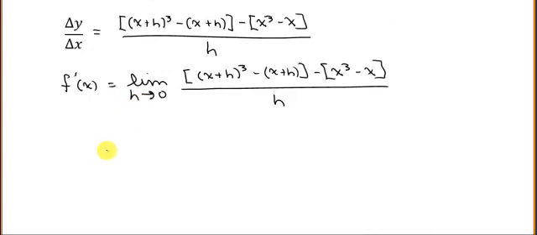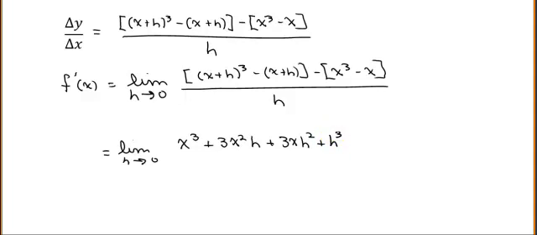Right. To take this limit, we'll have to expand and simplify the numerator. And so expanding this, well, first of all, I have to expand x plus h to the third power. I'll use the coefficients of binomial expansion, which come from Pascal's triangle, and we'd have x to the third plus 3x squared h plus 3xh squared plus 1h to the third.